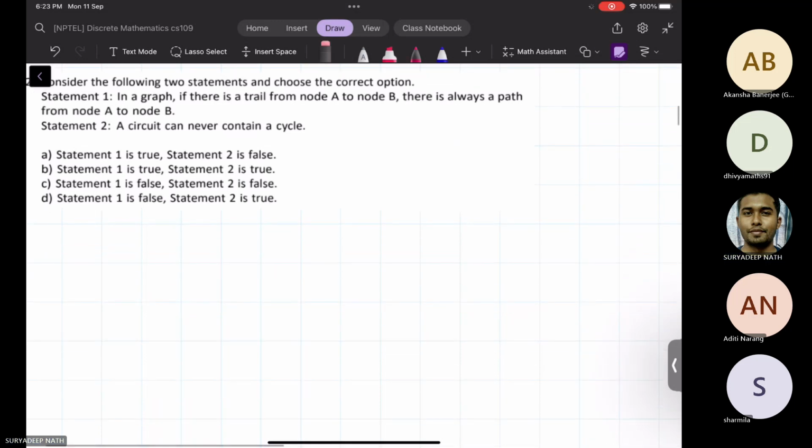Just for revision, what is a trail? In a trail, vertices can repeat, edges can't.